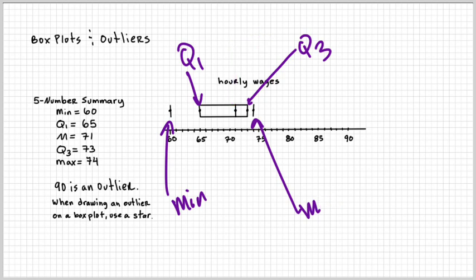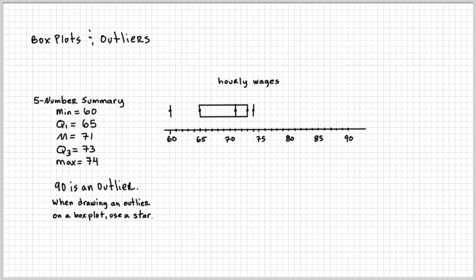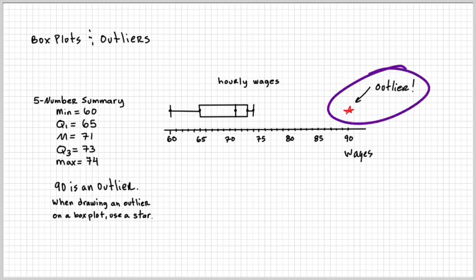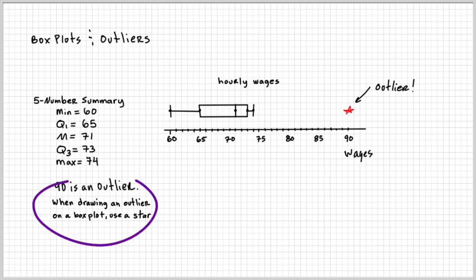So keep that in mind. And then what we do is we draw the whiskers. And then after that, we have our outlier. We draw it where that outlier is located, in this case 90. I put a star in there.